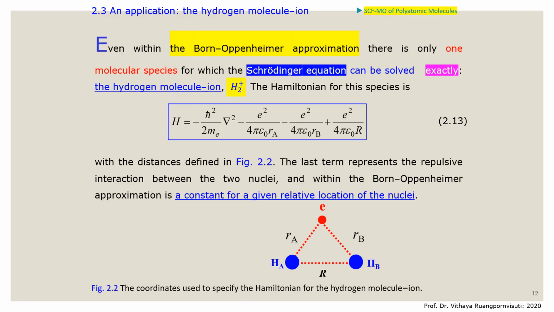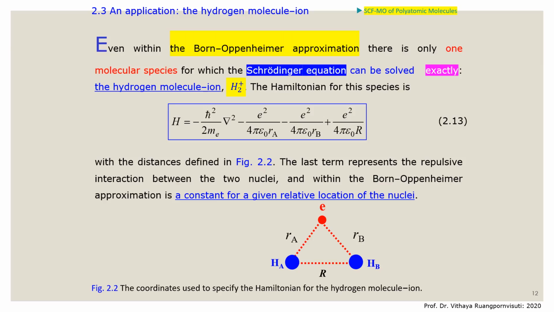This slide shows you an application of the Born-Oppenheimer approximation on the hydrogen molecule ion. Sometimes we call it the hydrogen molecular ion. They are the same. The formula of the hydrogen molecule ion is H2 plus. It means its charge is positive.